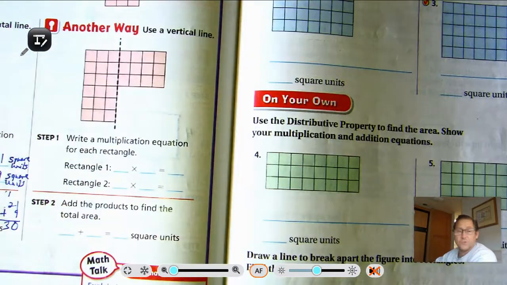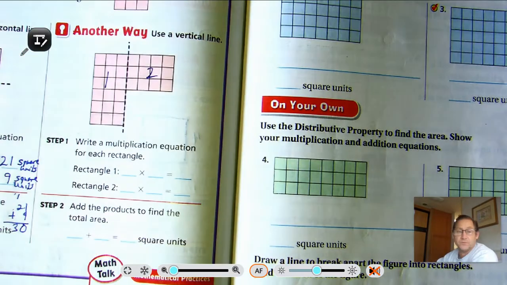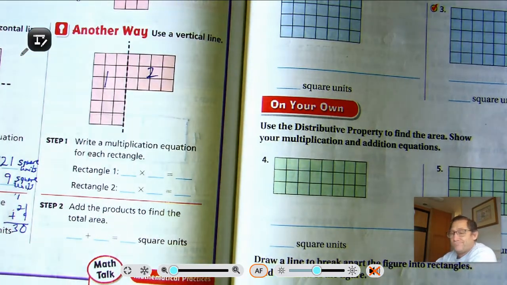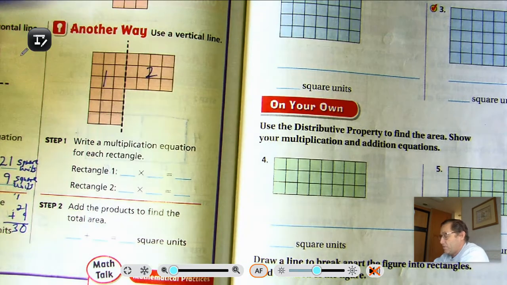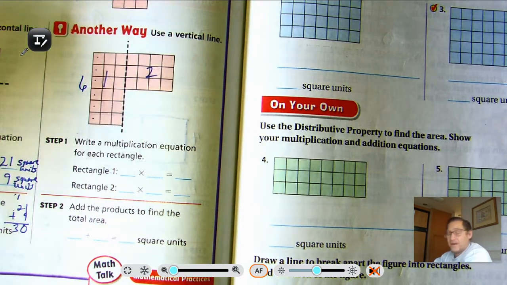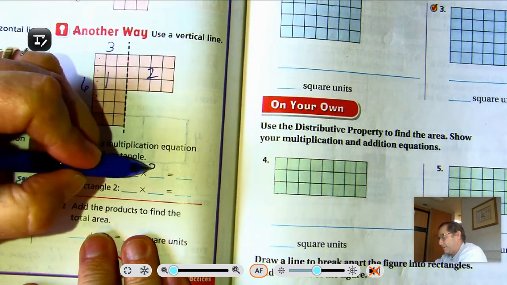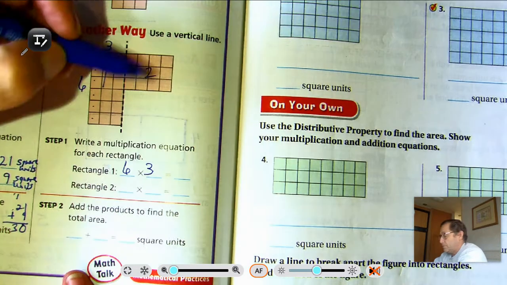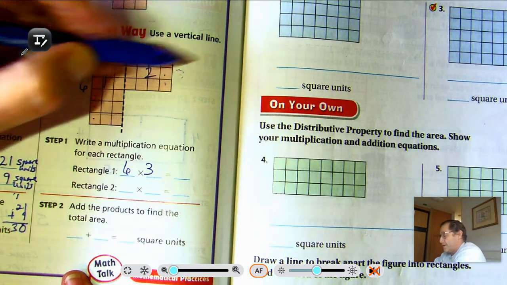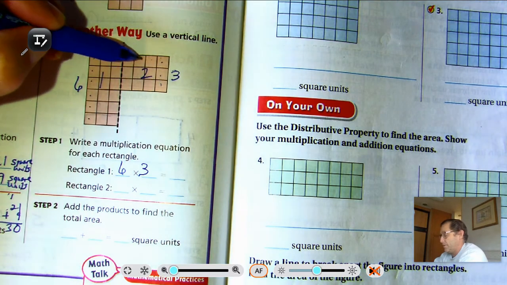Another way, we could go vertically. All right. So we'll call this rectangle 1, that rectangle 2. Does it matter which one you call 1 and 2? No. Okay. How many rows? 1, 2, 3, 4, 5, 6 rows of what? 1, 2, 3. 6 rows of 3. Rectangle 2, 1, 2, 3 rows. And how much is in each row? 1, 2, 3, 4.